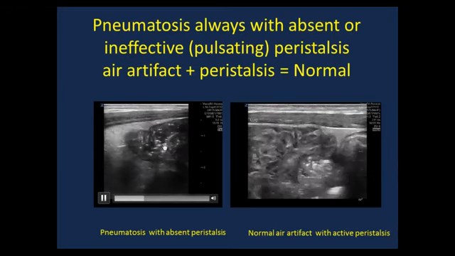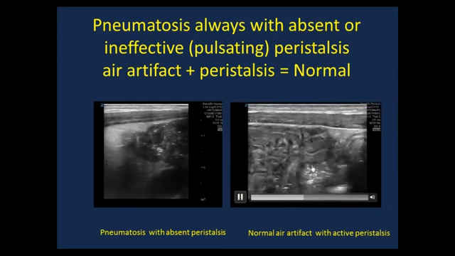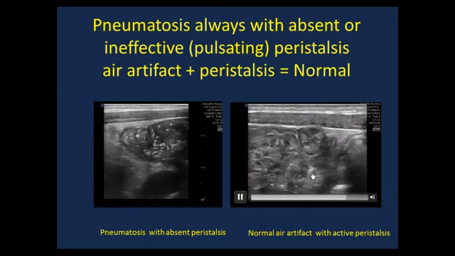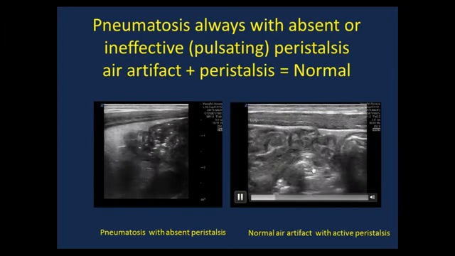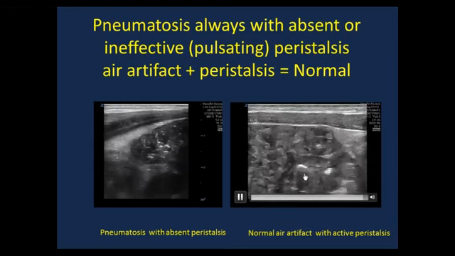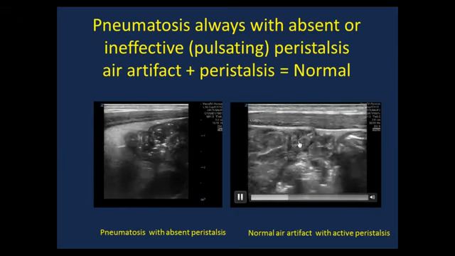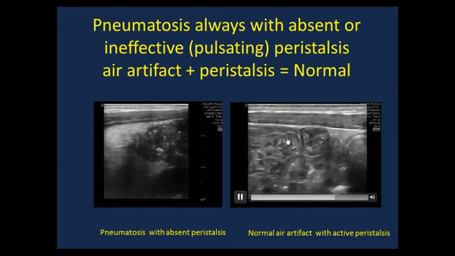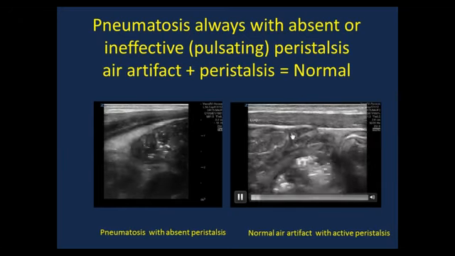So they are staying with the pressure. In this area you can see the foci of air, the echogenic foci are moving away, which is a sign of artifacts. And there is active peristalsis and overall normal looking hypoechoic bowel.